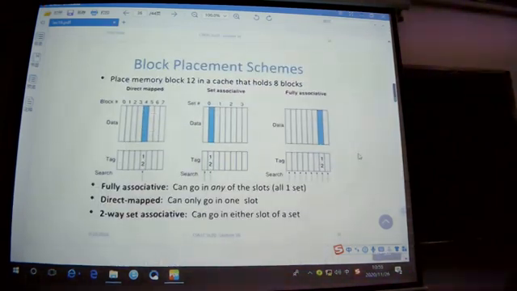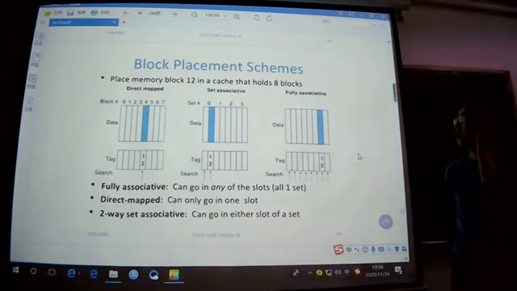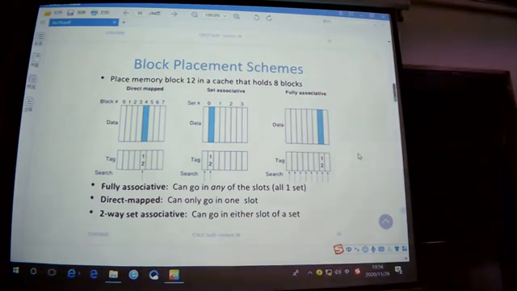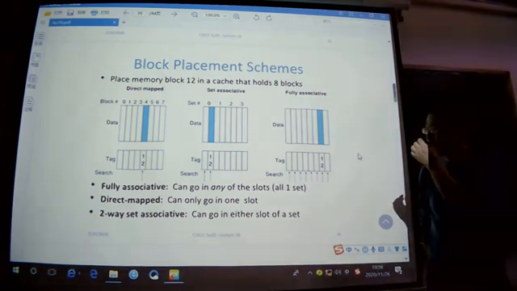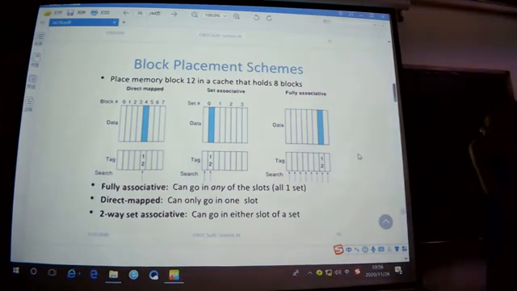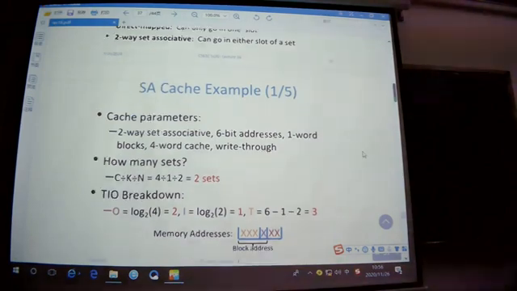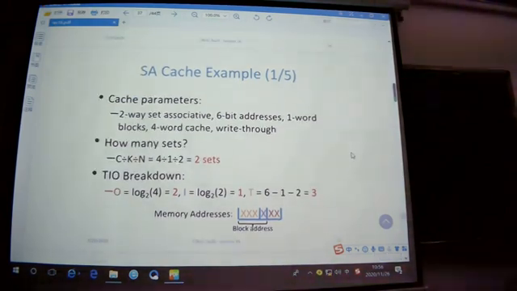Okay, this is block placement schemes. We can place a memory block in a cache that holds 8 blocks. So fully associative, direct map, and two-way set associative can be used. This is an SA cache example.